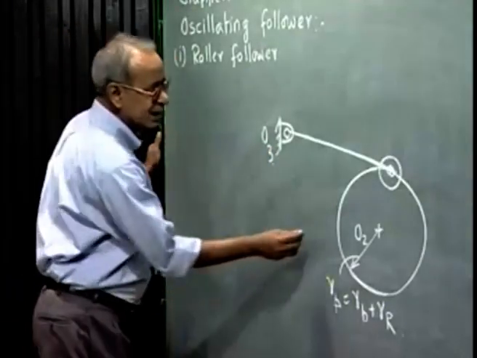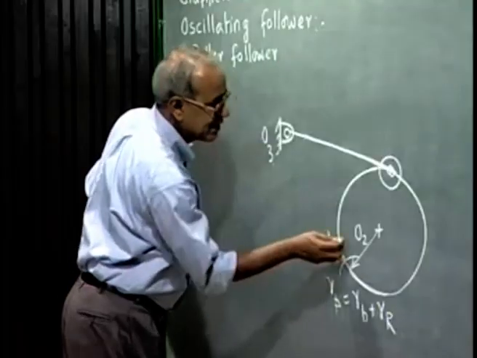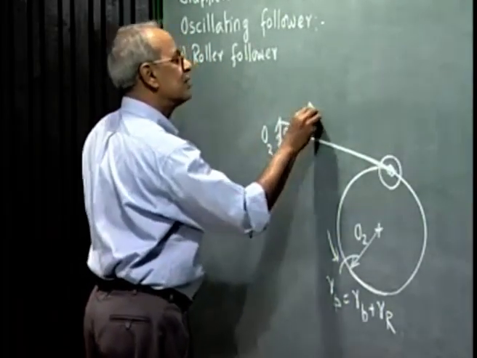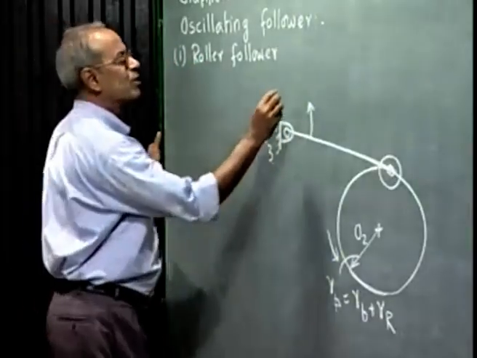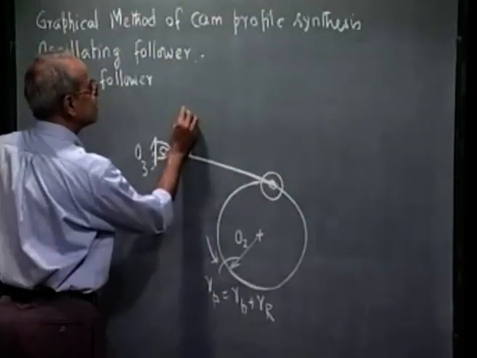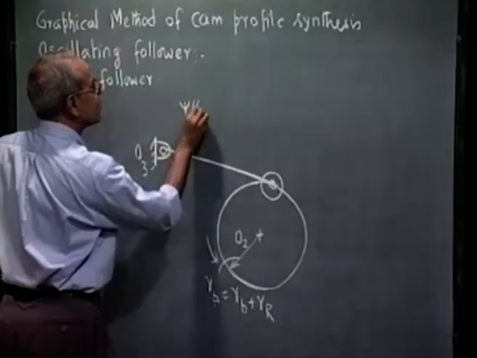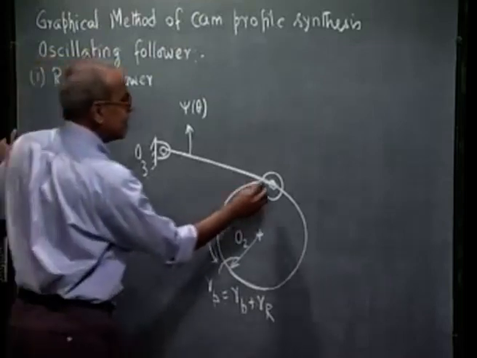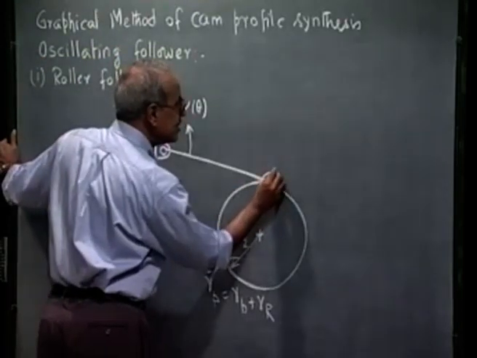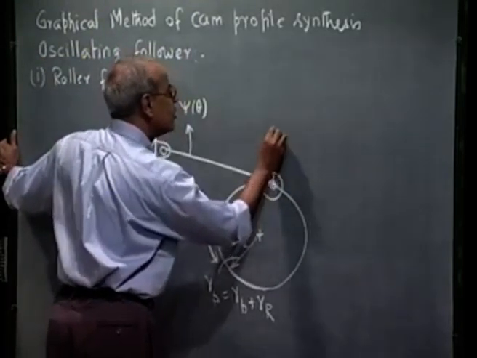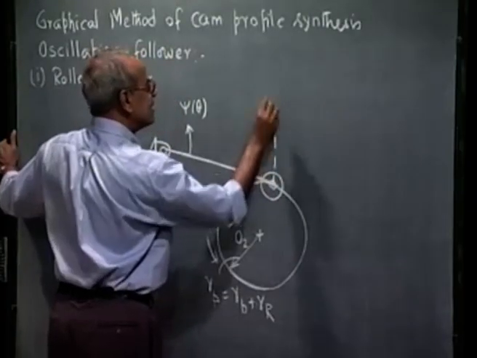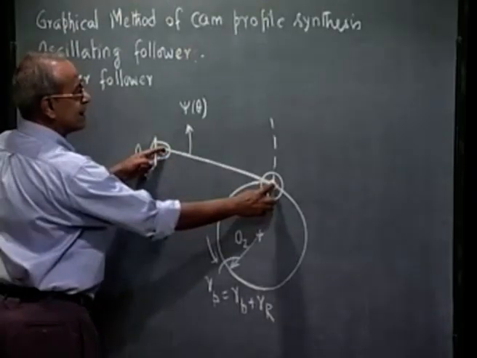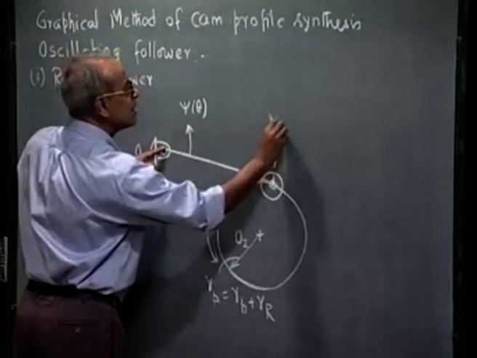When the cam rotates in the counterclockwise direction, let's say this follower also goes in the counterclockwise direction, and this rotation psi as a function of theta is known. So the trace point will obviously go on this circle with center at O3 and this as radius.